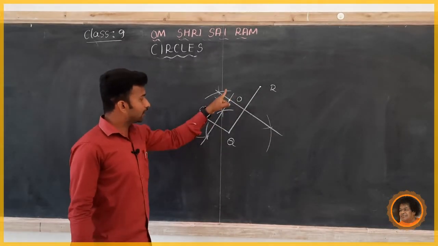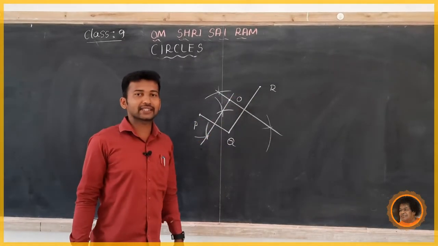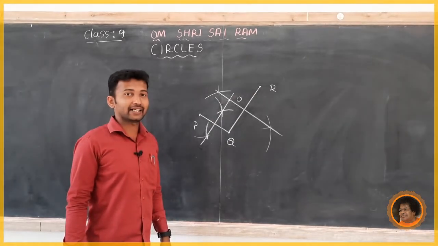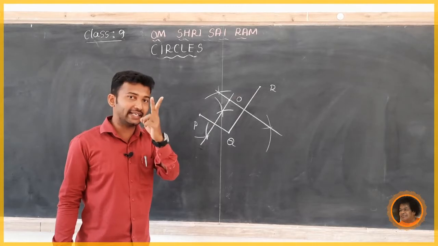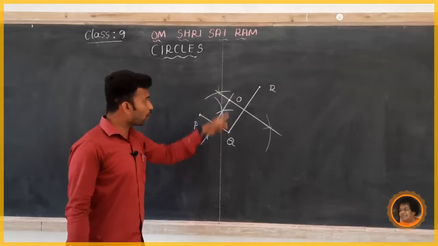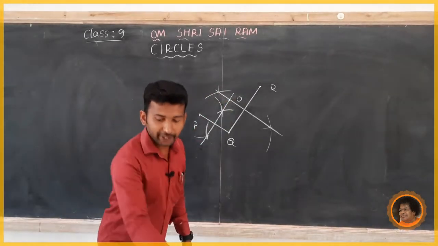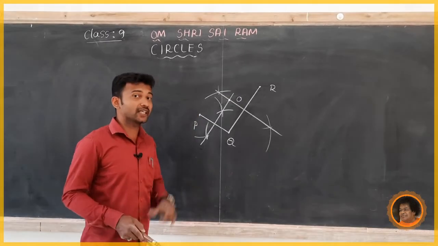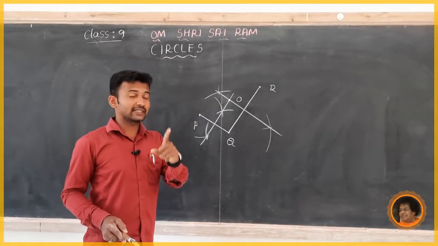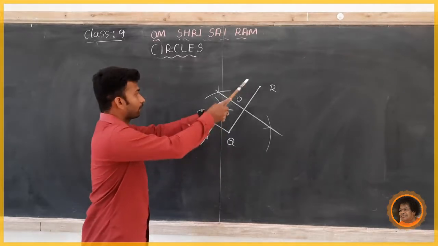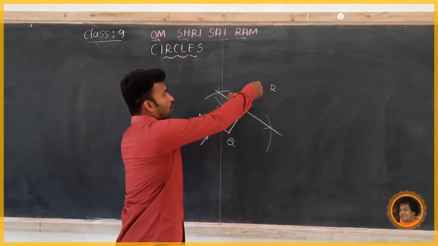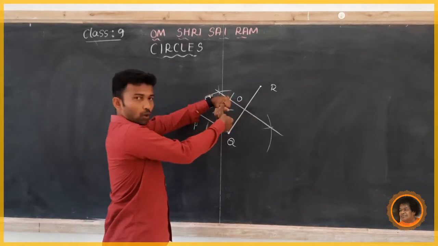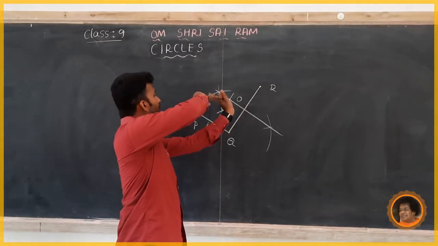Now OP, OQ and OR act like radii. By using a compass and considering O as the center of the circle, measure OR, OQ and OP.